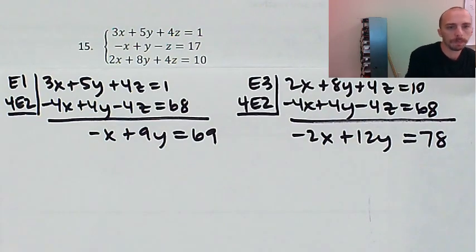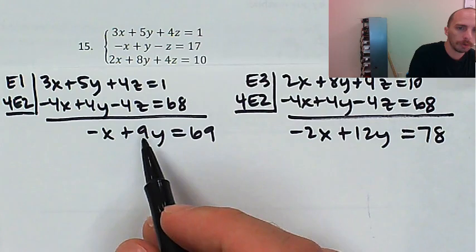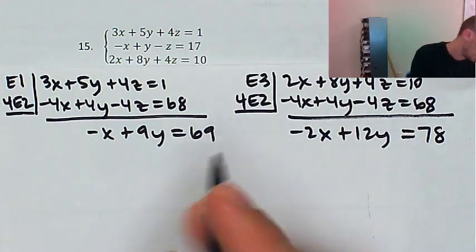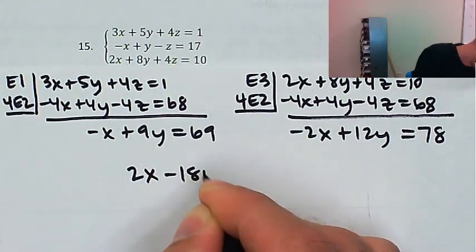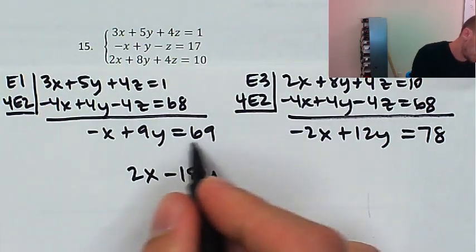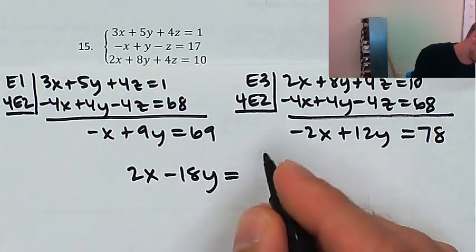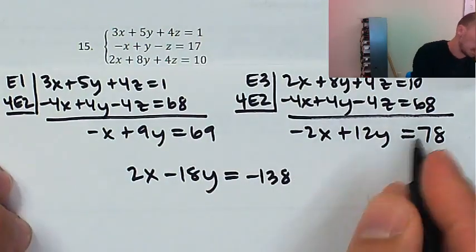Okay, so maybe I would multiply this one by 2 and this one by -1. I'll just multiply this one by -2. So I've got 2x minus 18y. If I doubled 70, I'd have 140. So if I double 69, I must have 138. But I'm multiplying by -2, so that'll be -138.